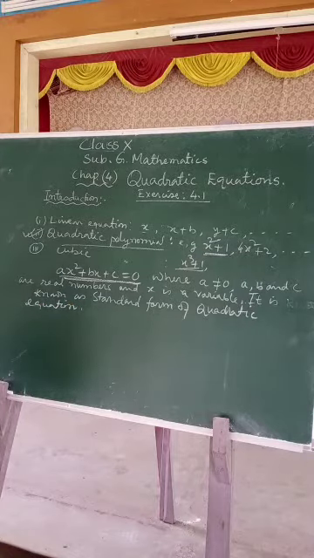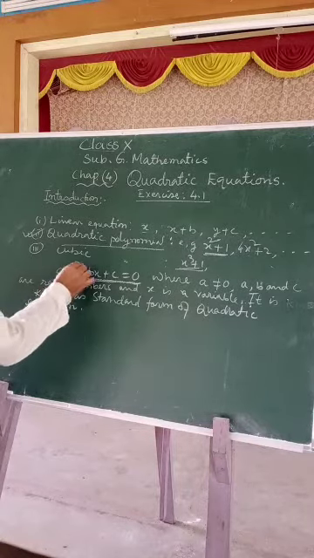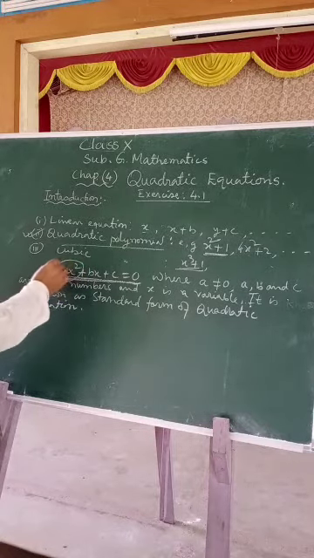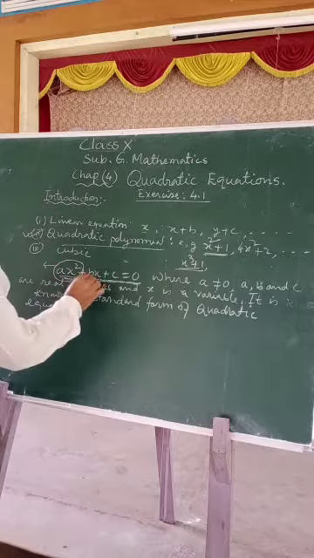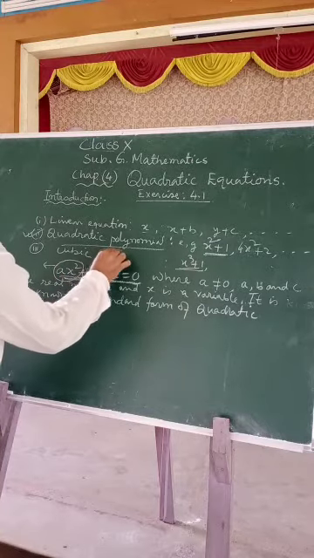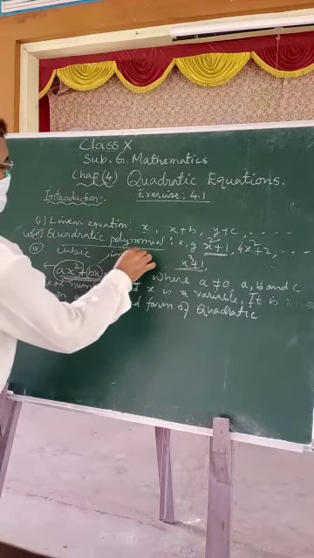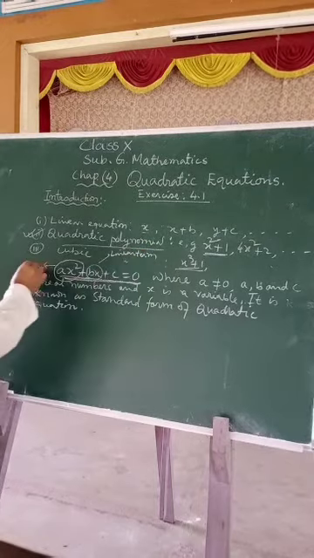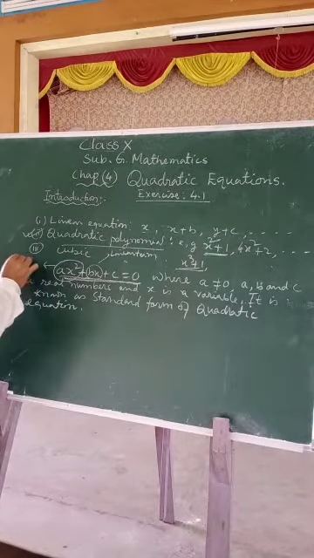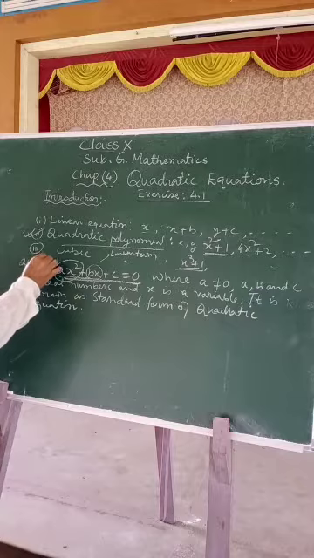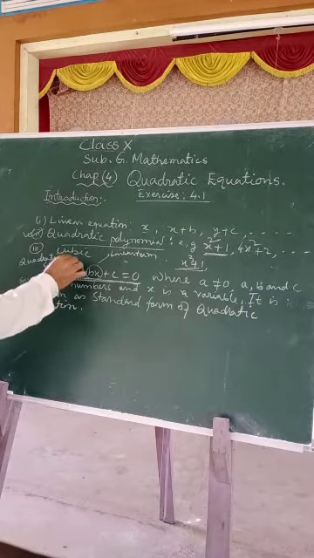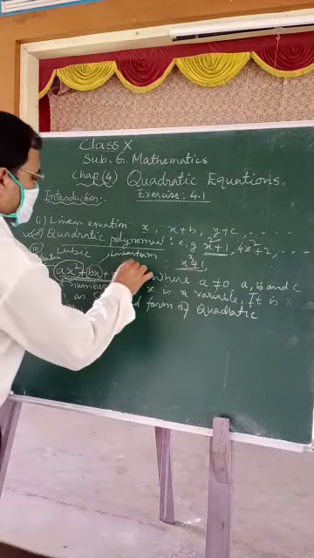Here ax square is the quadratic term, bx is the linear term, and c is the constant term. Quadratic means highest power 2.